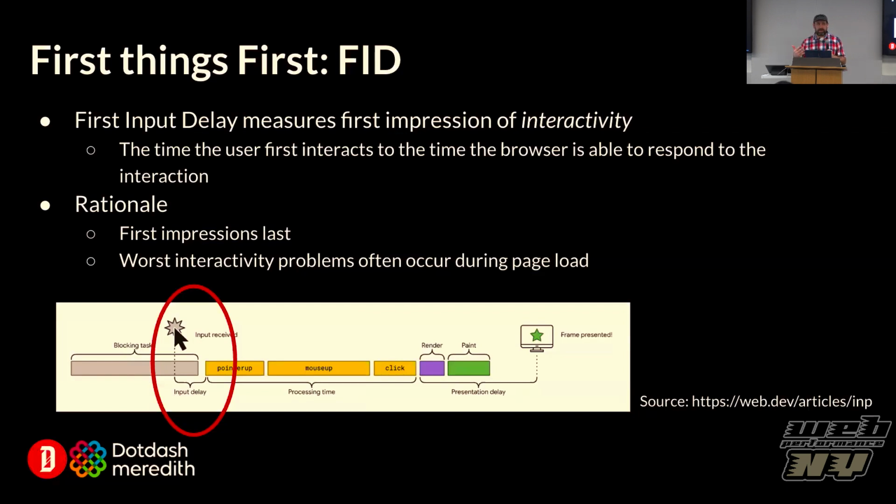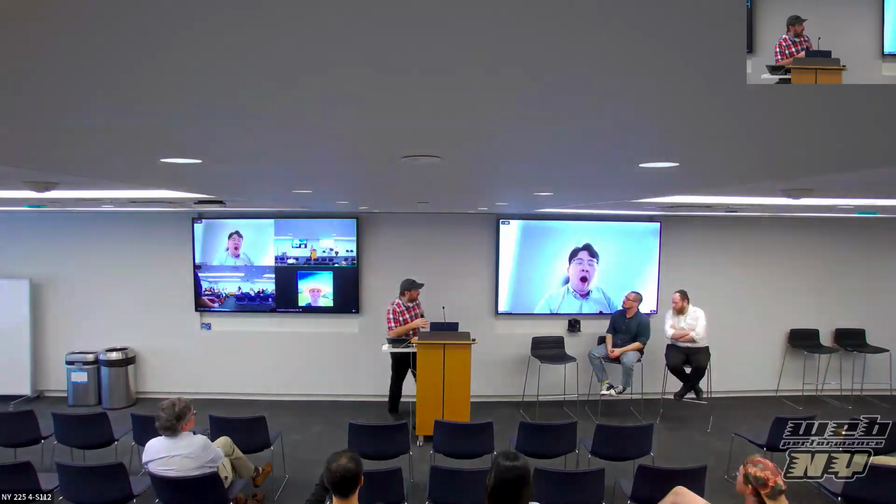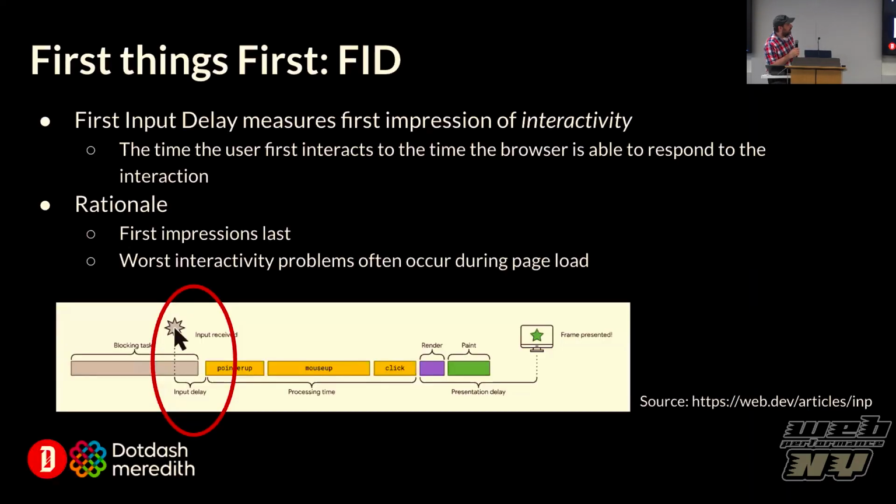Let's speak about first input delay, which INP replaces as a Core Web Vital. Okay, there was an input delay. First input delay measures the user's first impression of interactivity on your page.